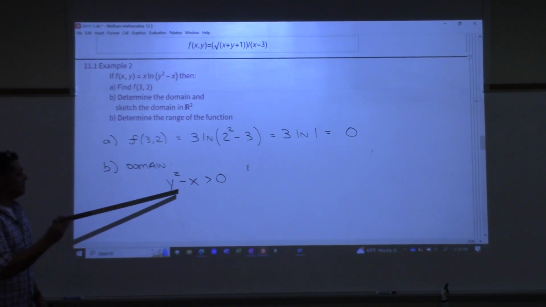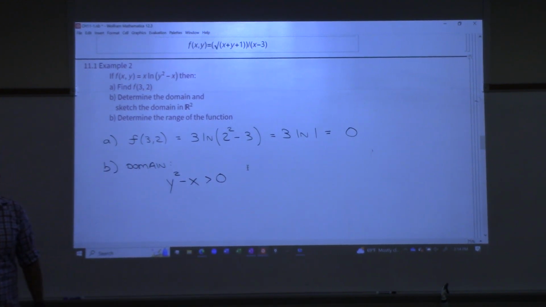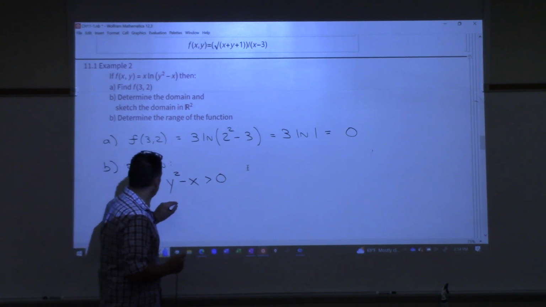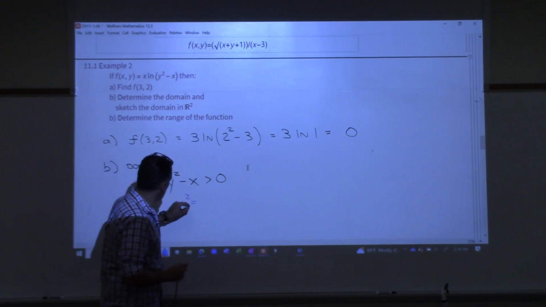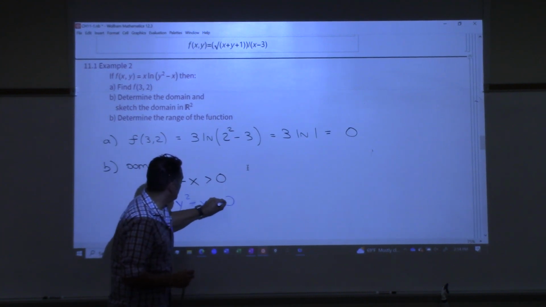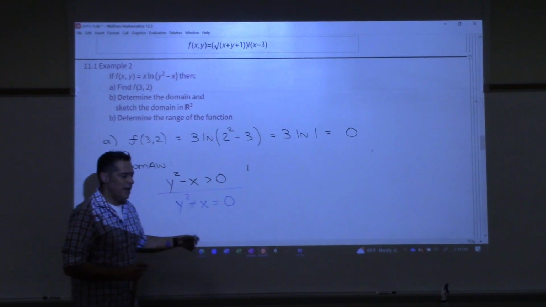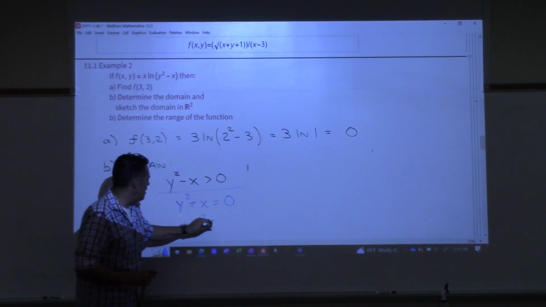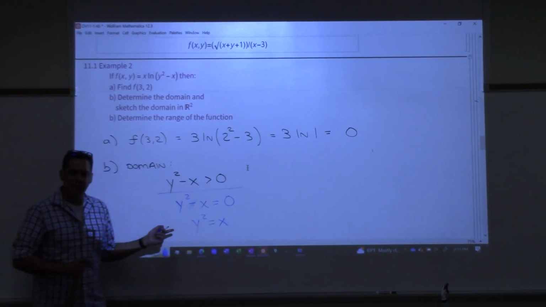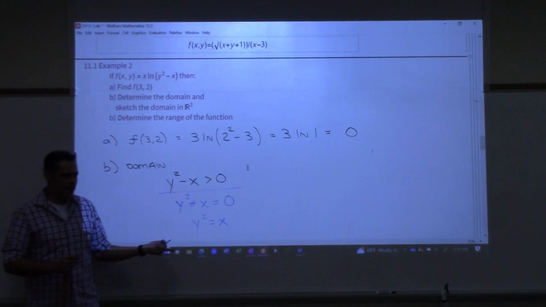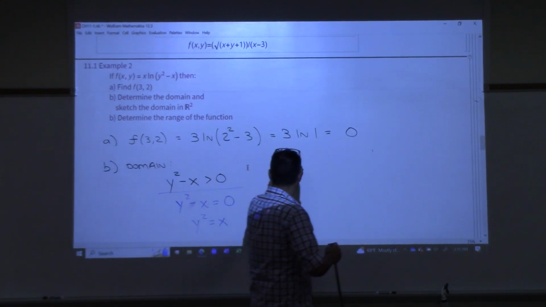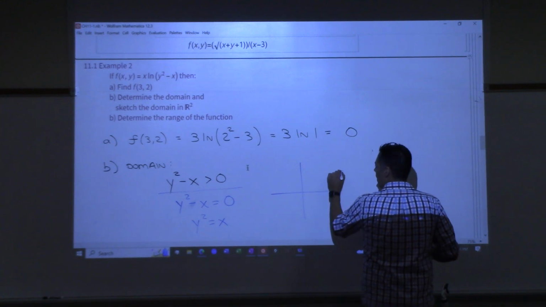And this is a quadratic inequality. So the way I'm going to solve this is almost the same way I just did that other one. I'm going to first convert it to an equation. Then I'm going to take a look at that equation and see if I know how to graph it. That is a parabola that opens sideways, so it should look like this.